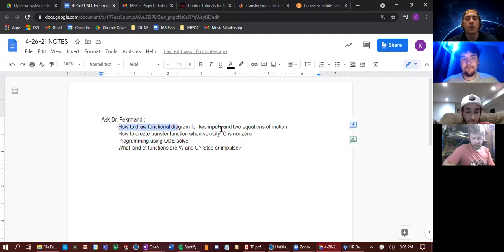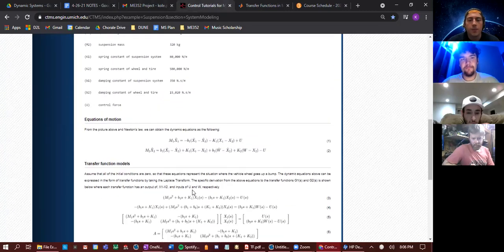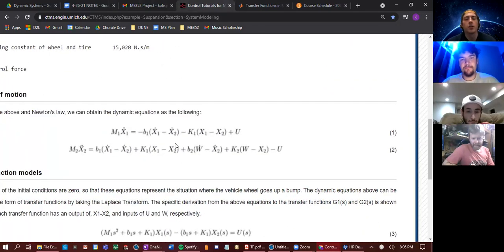Another thing we're wondering about is how to develop the functional diagram, since there are two input functions and also two equations of motion. So we're not exactly sure if we should try to implement this all into one or do two functional diagrams.